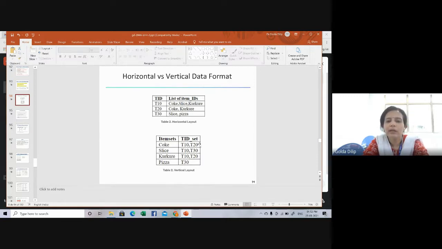But generally, the algorithms that deal with vertical data formats are considered much faster than the ones which work with the horizontal data format.